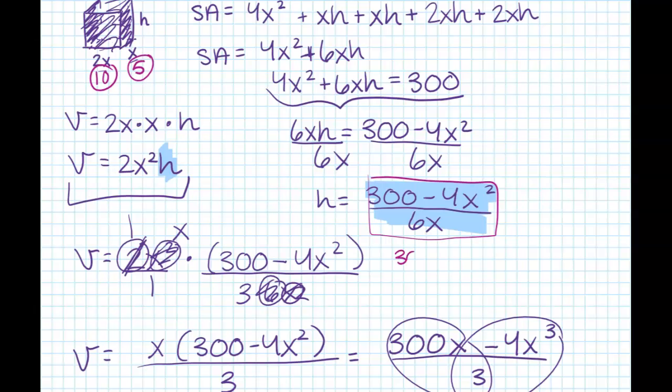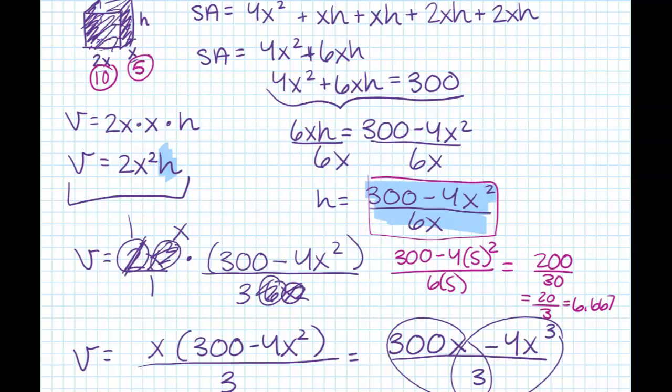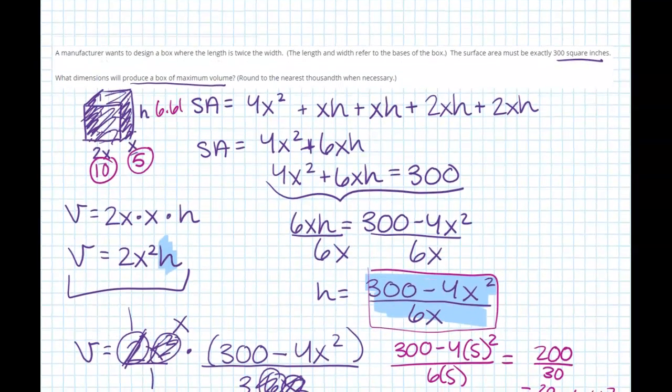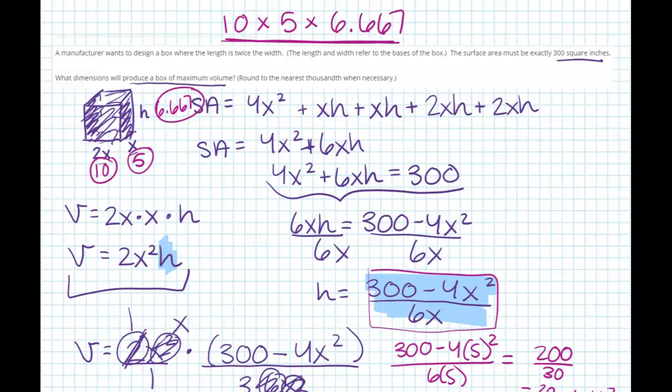So if we do 300 minus 4 times 5 squared over 6 times 5, that's 200 over 30, which is 20 over 3, which is about 6.667. So then our dimensions, and I think I made it so any order works, are 10 by 5 by 6.667.